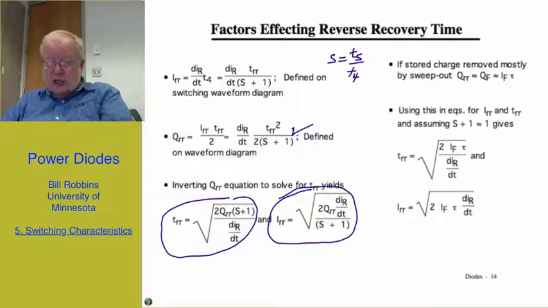Using this relationship in the equations that I've already talked about for I sub RR and T sub RR, we get this equation for the reverse recovery current and this equation for the reverse recovery time. You'll notice that the larger I sub F is, everything else being constant, the longer the reverse recovery time. Similarly, the larger the forward current, the larger the reverse recovery current is going to be, everything else remaining constant.